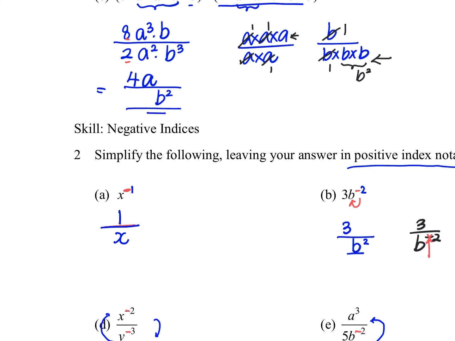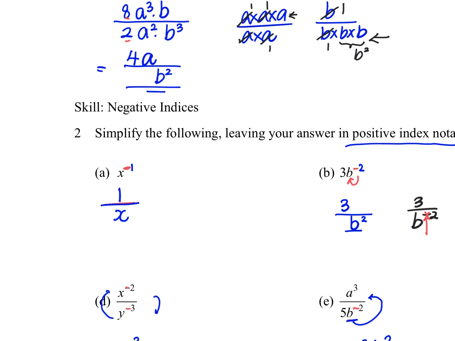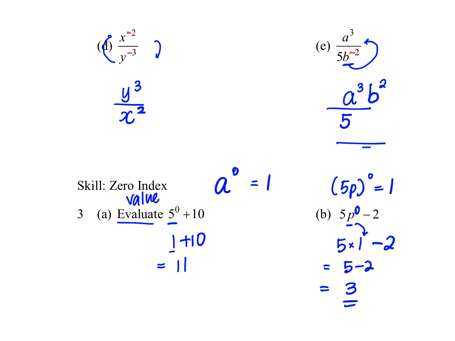If I have a negative index form, I'll need to change it to a positive index form. Then I need to observe that the negative power is for which letter or number, or is it for the whole thing, before I shift the position. And last but not least, anything to the power of 0 will always be equal to 1. And we will use such answers to help us evaluate and find the numerical values of certain expressions.